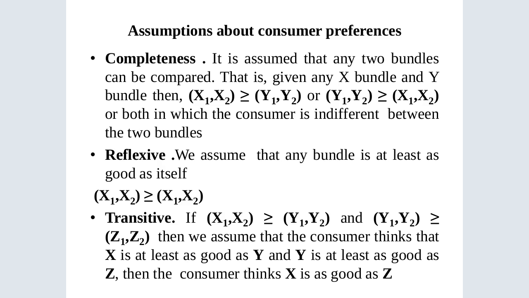Z. So if X is more preferred to Y and Y is more preferred to Z, then there is no way you can prefer Y to Z than X to what? To Z. That is the assumption of transitivity that we talk about.